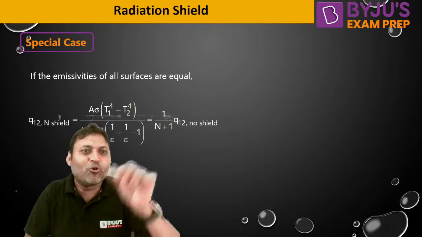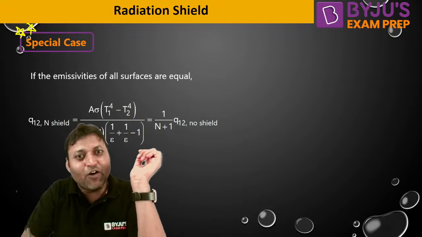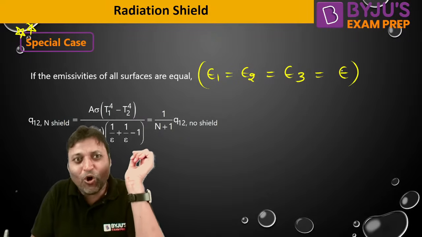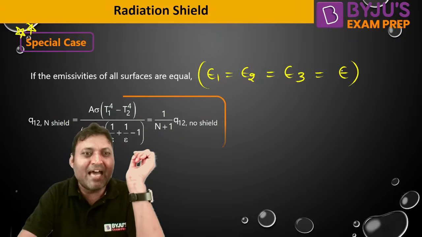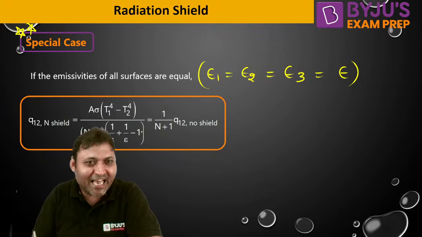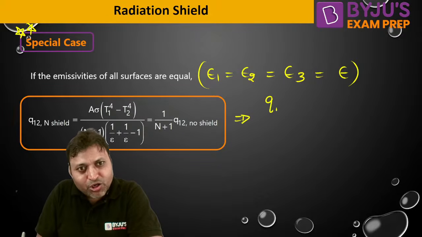Now, if we talk about a special case, the special case is if the emissivity of all the surfaces is equal: epsilon 1 is equal to epsilon 2 is equal to epsilon 3 is equal to epsilon. If the emissivity of all the surfaces is equal, then our expression Q12 for n shields will be given by this expression, where this is 2 by epsilon minus 1.